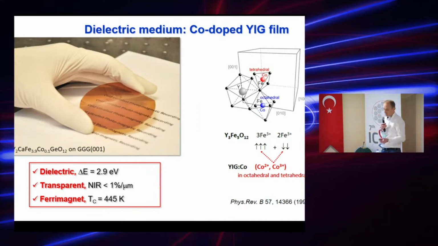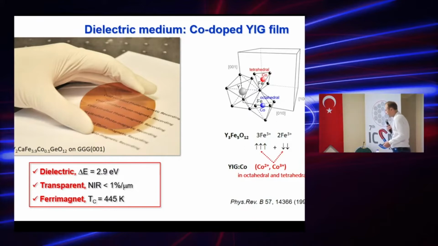The second point is also very important. These materials are optically transparent for laser light in the near infrared range. They're practically glass for our eyes. And of course, it is a ferromagnet with a Curie point above room temperature.